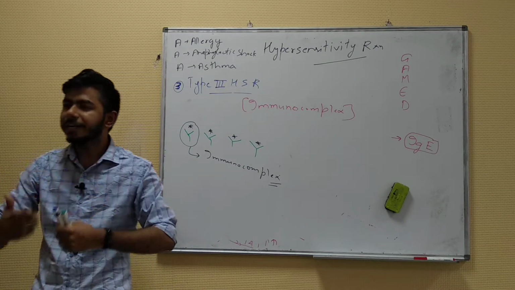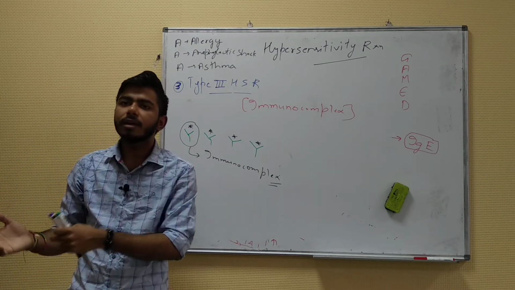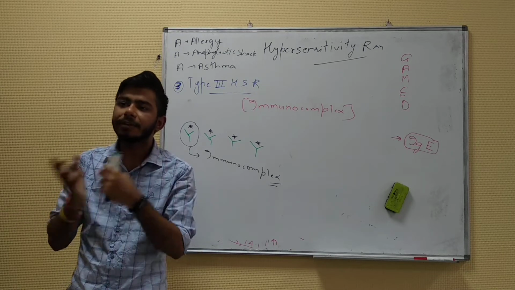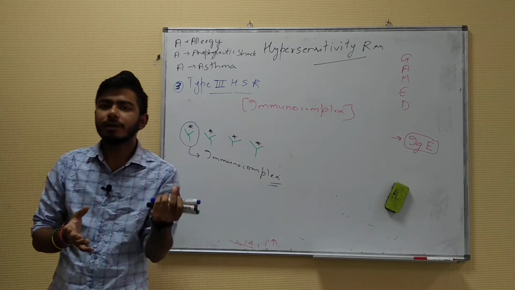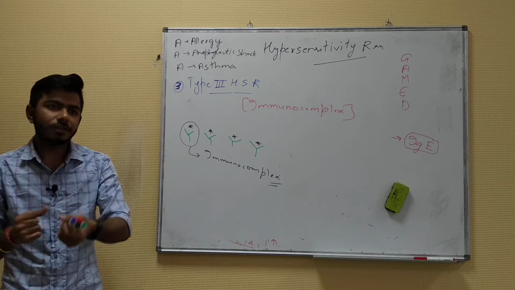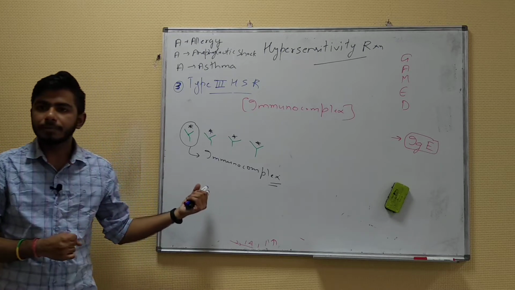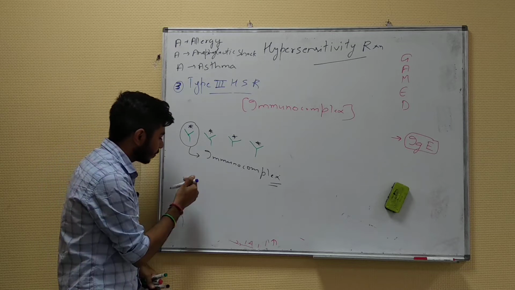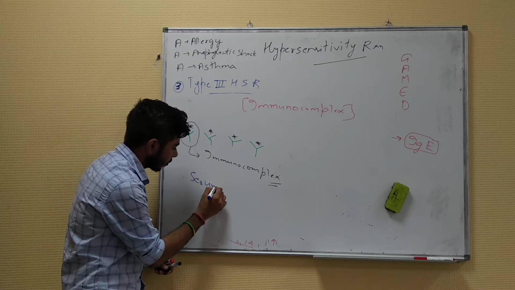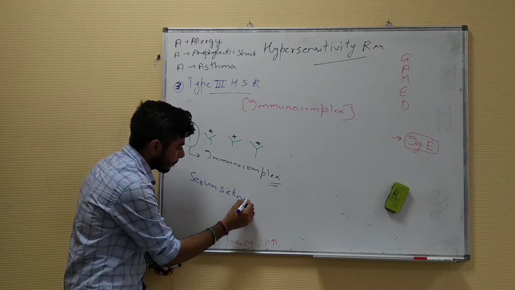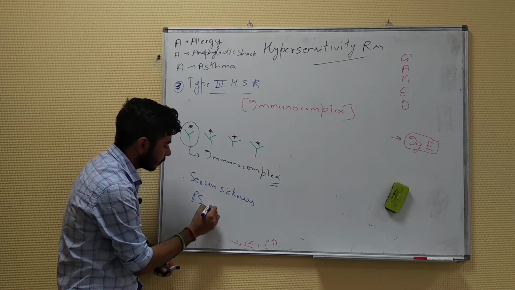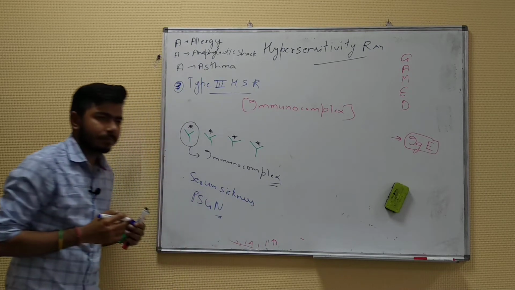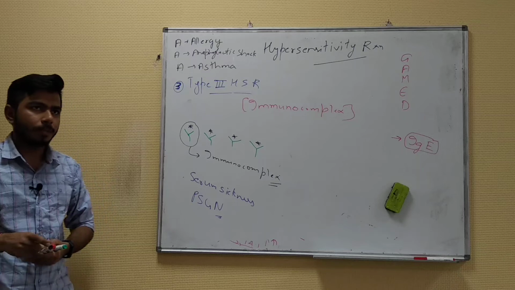So when the patient takes any kind of antitoxic serum, any kind of antivenom, this kind of patient will be having serum sickness, and they will be falling in which category? Type 3 hypersensitivity. So serum sickness is also one of the examples, and PSGN. Remember that.